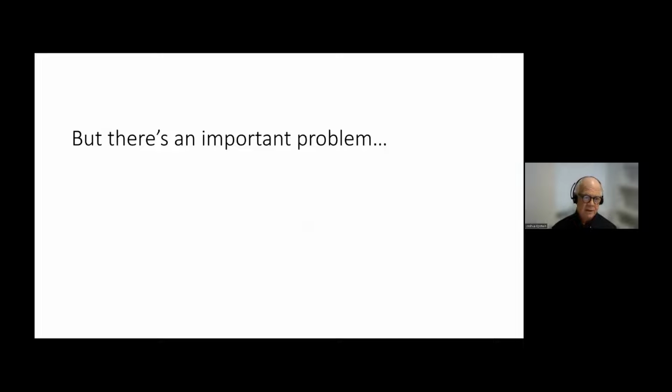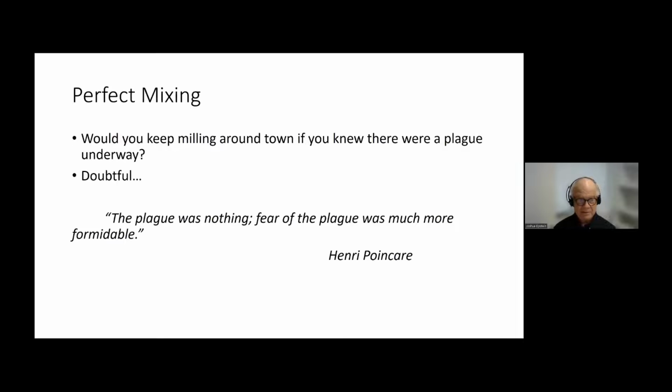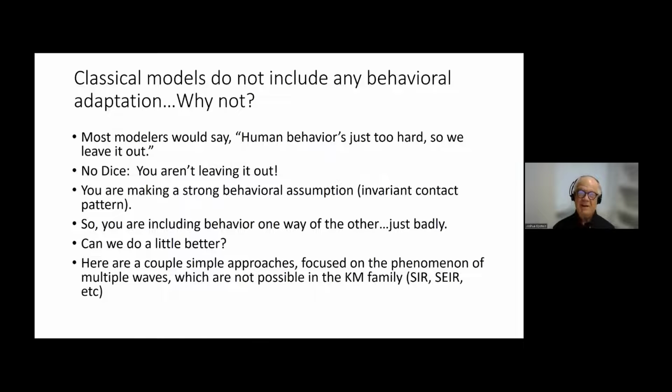All right, but there's an important problem with this setup. The problem is, would you keep milling around if you knew there were a plague underway? I mean, I don't think so. I wouldn't. And Poincaré said, the plague was nothing. Fear of the plague was much more formidable. And the classical models just don't include any behavioral adaptation.